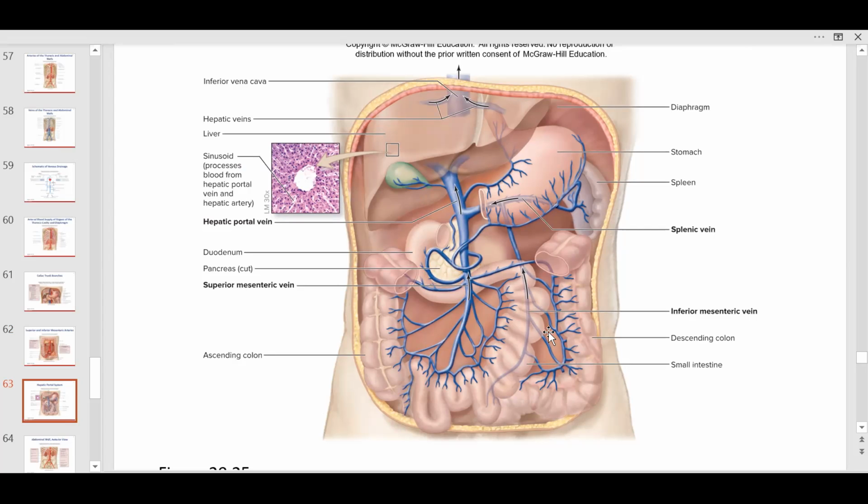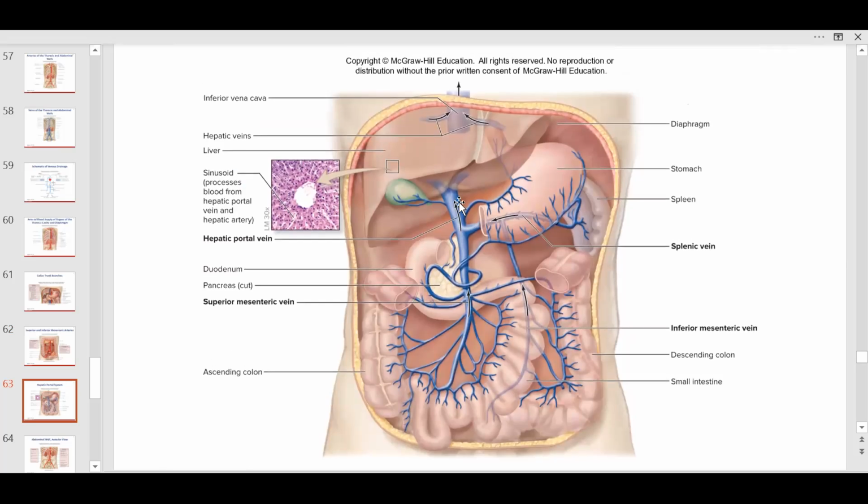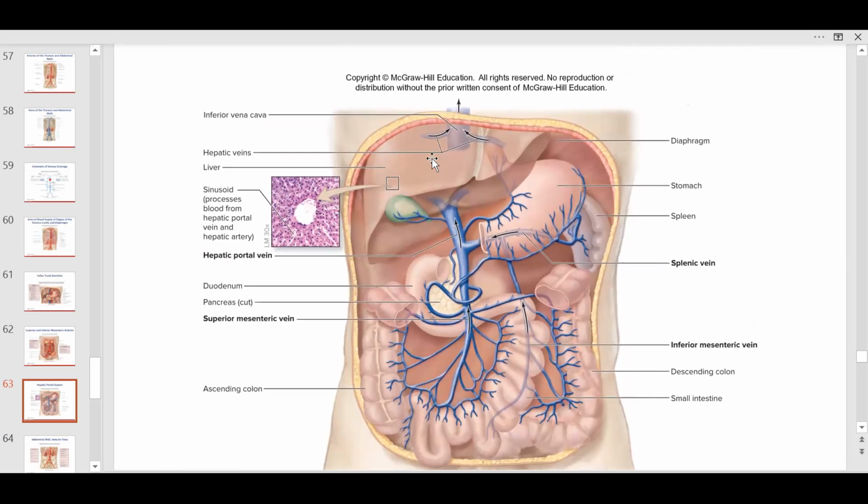So you have your inferior mesenteric vein draining blood back, right? And here's your hepatic portal vein coming back. So all the intestinal veins, like the superior and inferior mesenteric veins, will drain blood into the hepatic portal vein, because the liver is a massive manufacturing center of hormones and enzymes, storing glucose in the form of glycogen, making clotting factors.